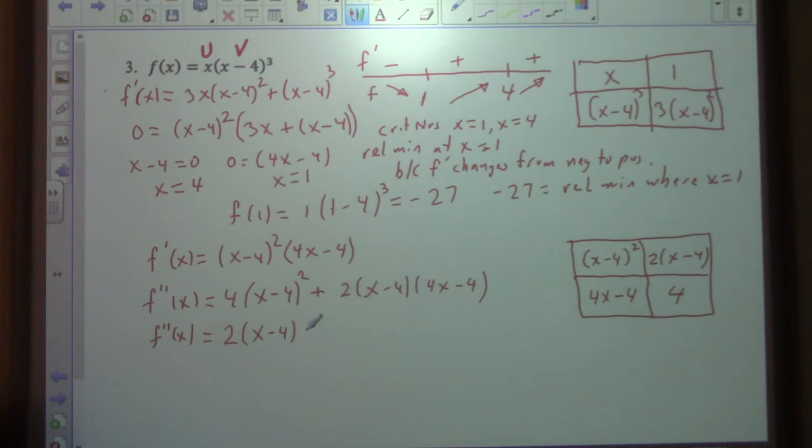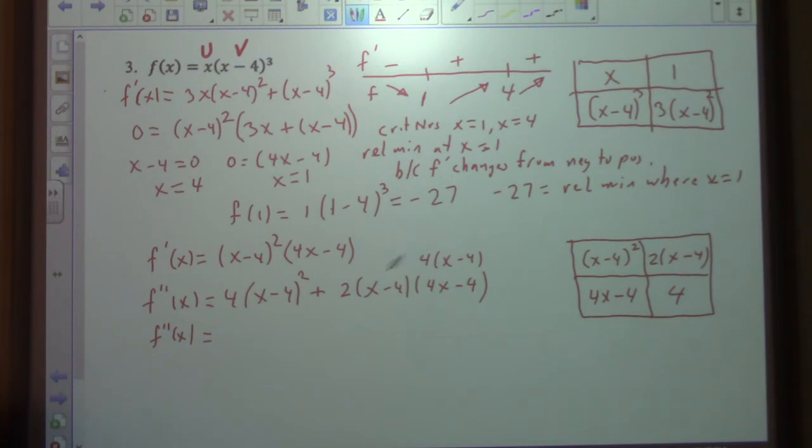And so next, I just noticed something that's going to make your life easier. Here, this one we can rewrite as 4 times (x minus 4), right?